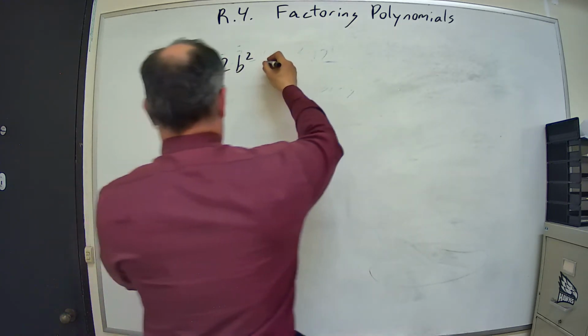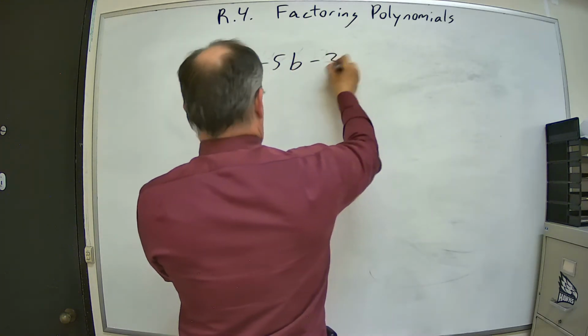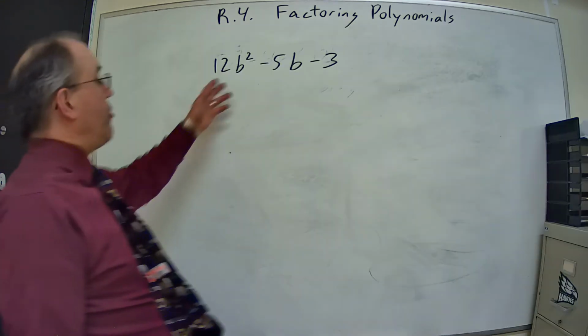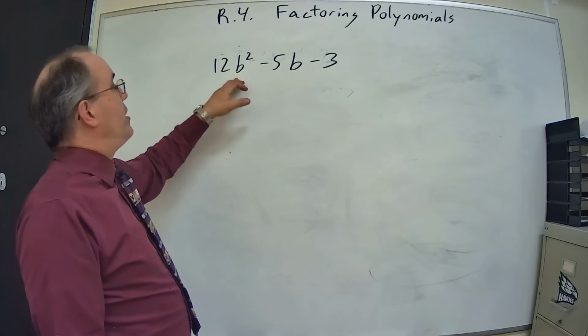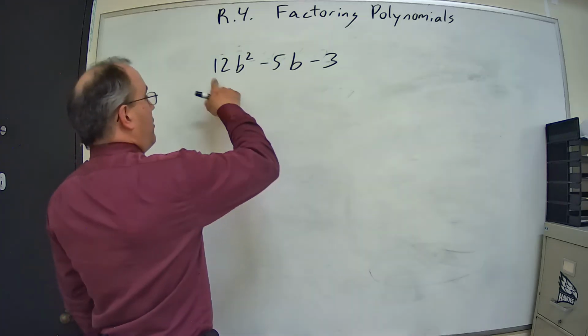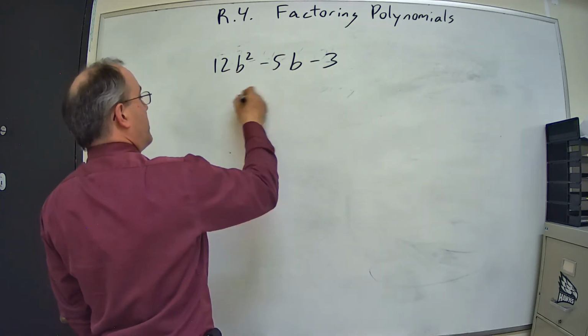12b squared minus 5b minus 3. Remember, variables don't have to always be x and y, right? They can be other things. So I've got b squared, b. So the goal is multiply these two together. So 12 times negative 3 gives me negative 36.